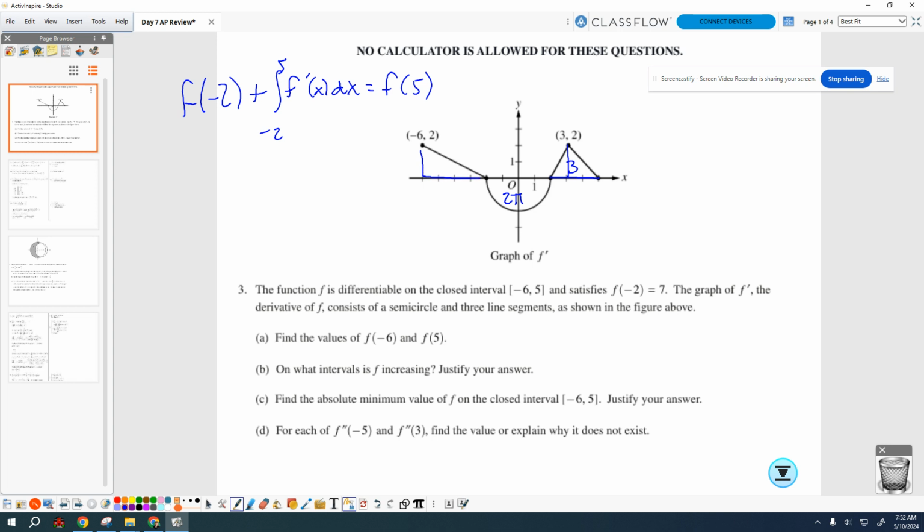Am I including this triangle or no? Oh, no. So never mind. Okay, so where did it start? At f of -2, so this is why, starting here, you said correctly, that area, half of that circle, and it's negative because it's below the x-axis, and then we need to add on the 3.